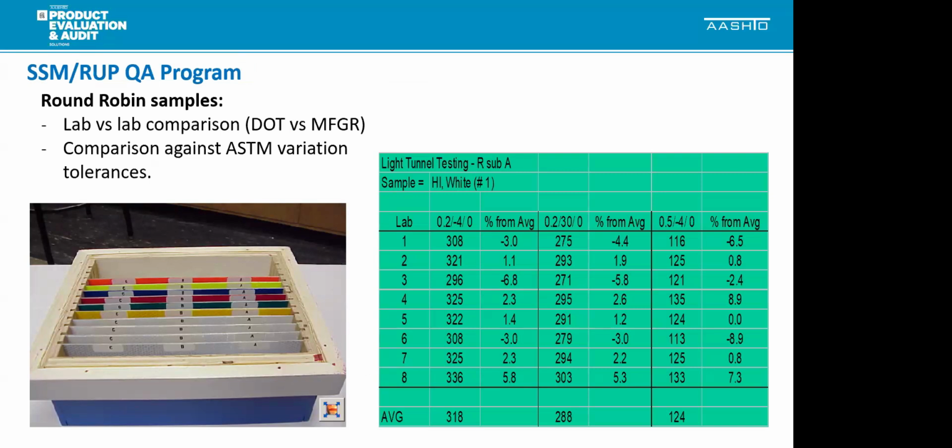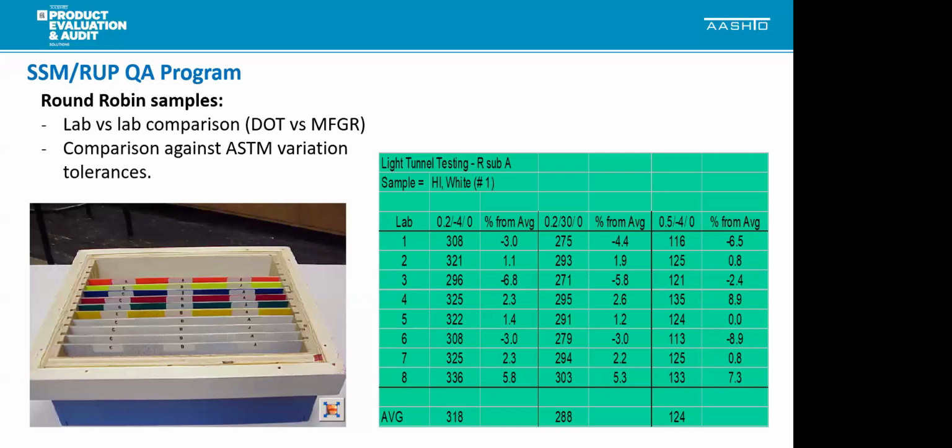But in addition to that, we send out a set of what we call round robin panels, and each state tests these samples on a yearly basis, and then the lead state, Virginia, gets with the manufacturer's rep, and we go over this test data to ensure that these results meet specifications for precision and bias in ASTM.